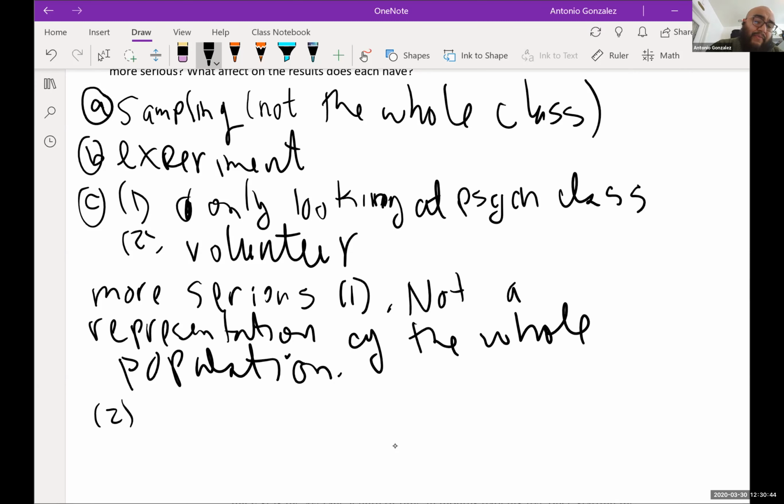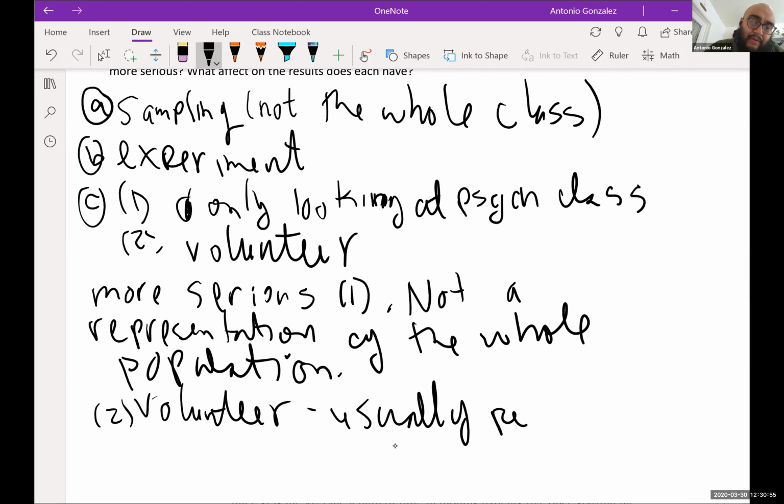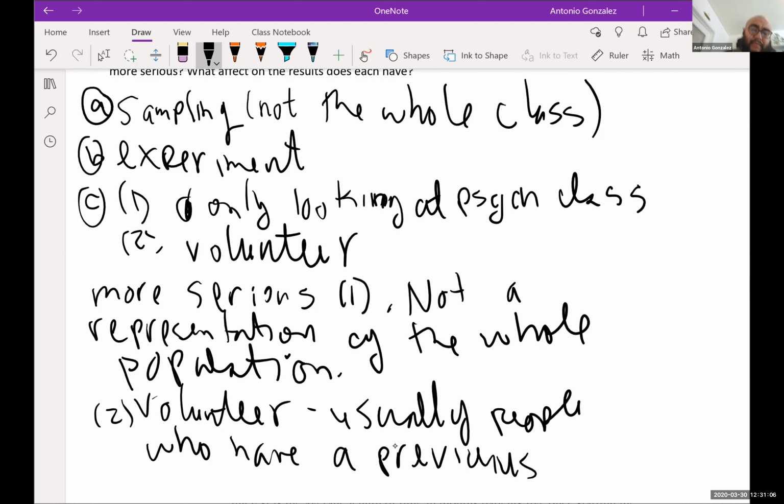For two, I would say volunteers are usually people who have a previous interest, or maybe a bias.